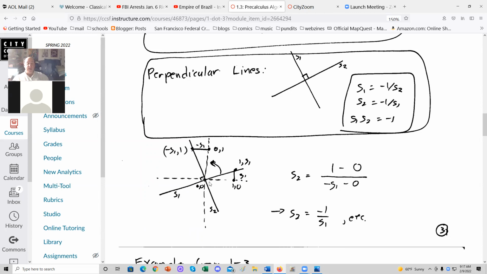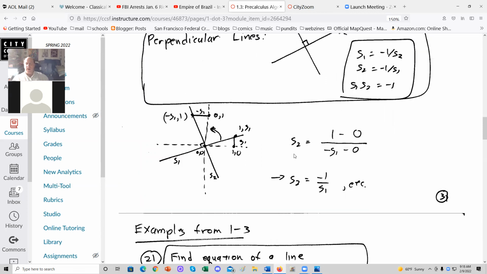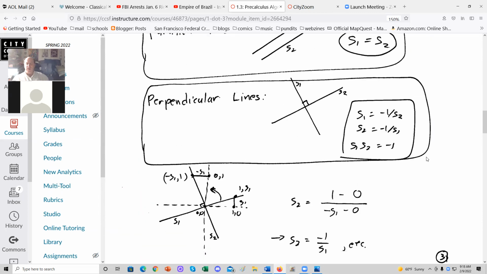But then that means that S2, the slope of this line, will be the difference in the y values, 1 minus 0, over the difference in the x values, minus S1 minus 0, like that. And after a small amount of simplification, S2 equals -1 over S1, and therefore all the rest follows.